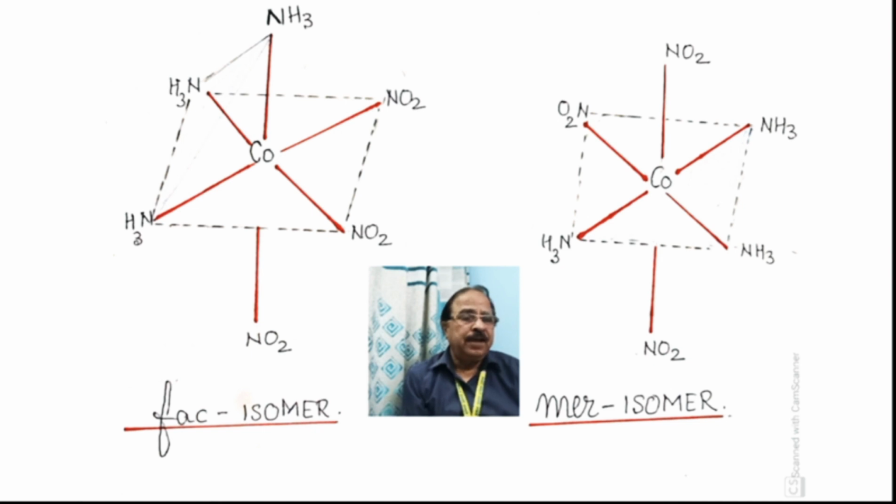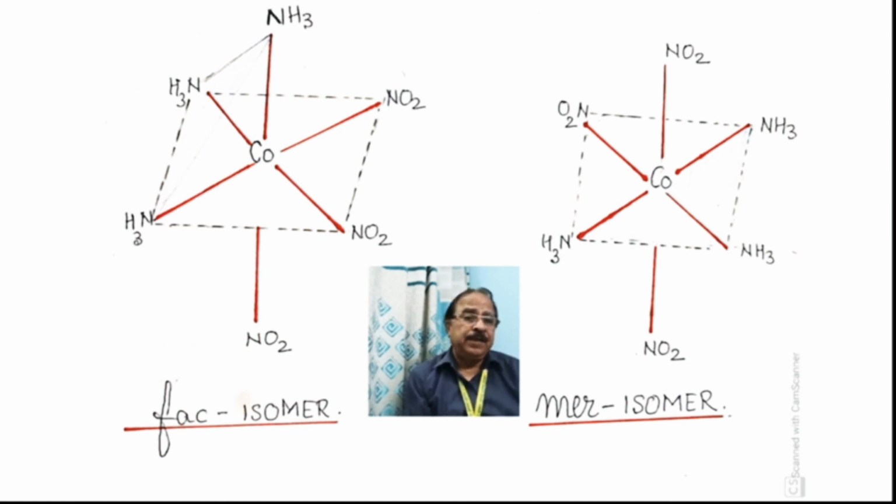Now look at the figure on the right hand side. It is the meridional isomer. Now the 3 ammonia molecules are present on the 3 positions on the meridian. That means in the square which forms the center of this octahedron, the 3 similar ligands are occupying the 3 positions of this meridian.